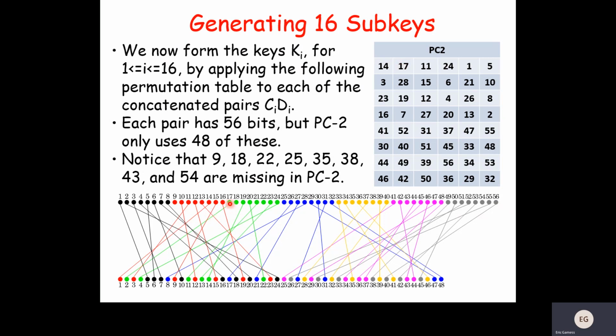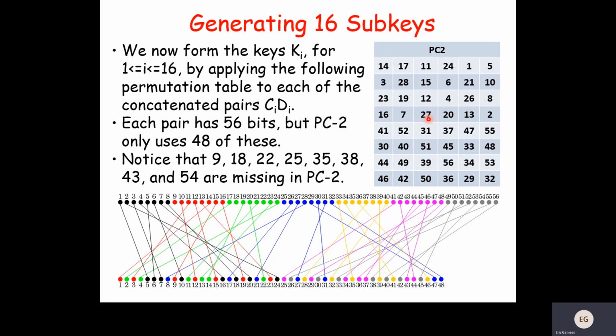So if I go here, 17 is the green one. If I follow it, it's the second. Bit 11 of the input will be the third bit of the output. So if I look for bit 11 and I follow the arrow, it's taking me to the third bit. So you will use this PC2.